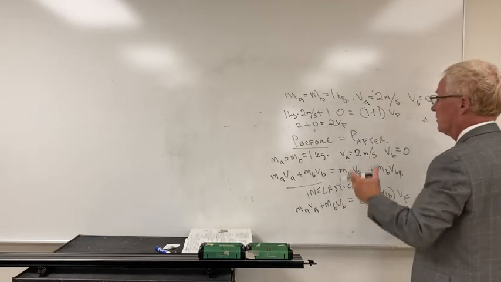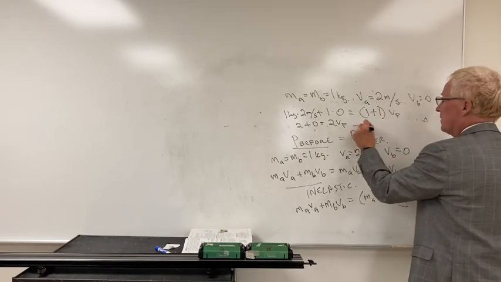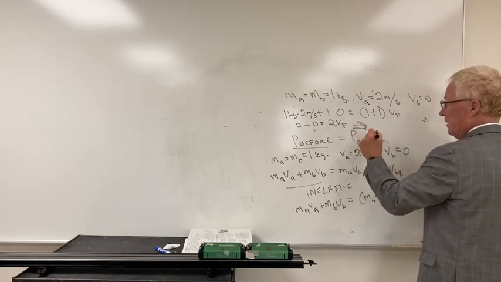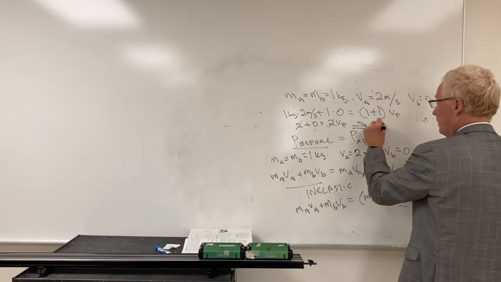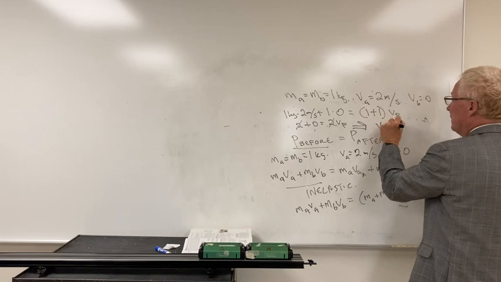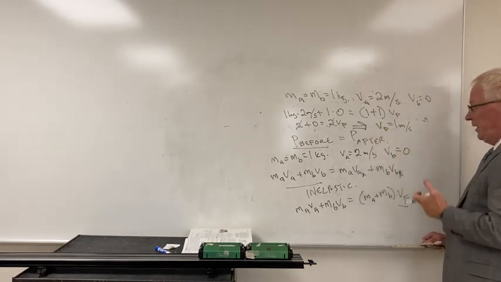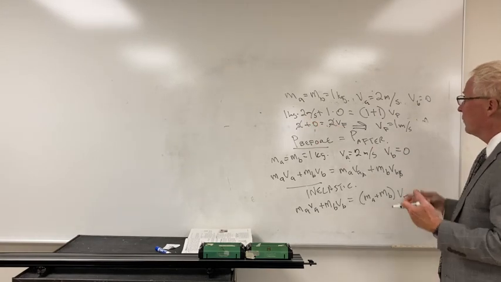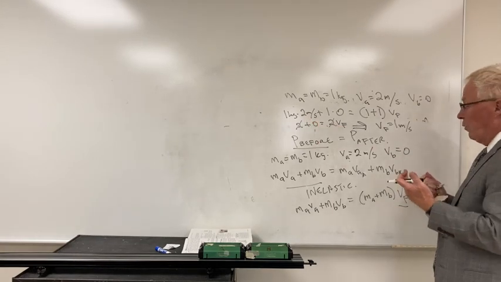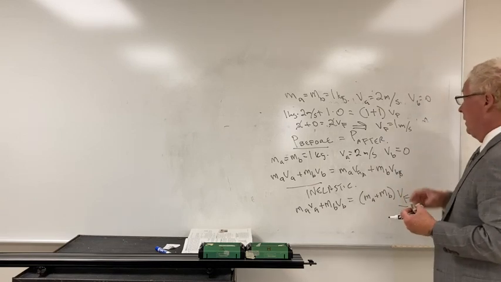Since momentum before equals momentum afterwards, divide both sides by 2, V final is 1 meter per second. So it's half the velocity of the first one. So that's momentum before and after in that case.